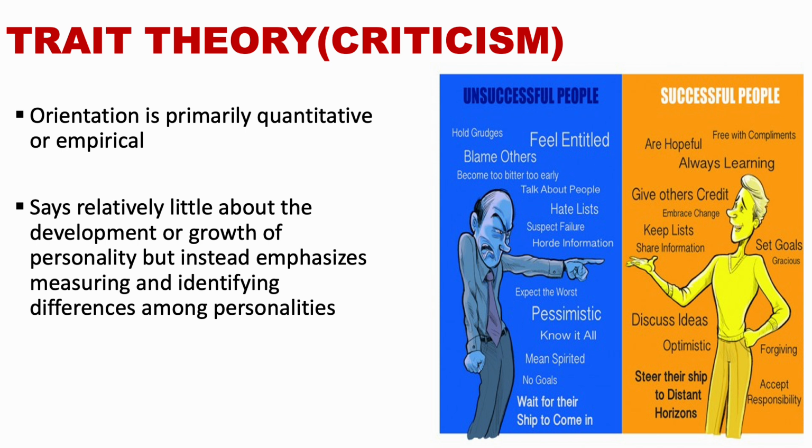And we just don't know because trait theory doesn't really measure that in general. It's not saying that they couldn't measure that, it's just difficult. It's much easier to tell people to fill out a survey and compare them across groups than it is to have that person fill out a survey over and over and over again to see if you see any growth or development in that person.